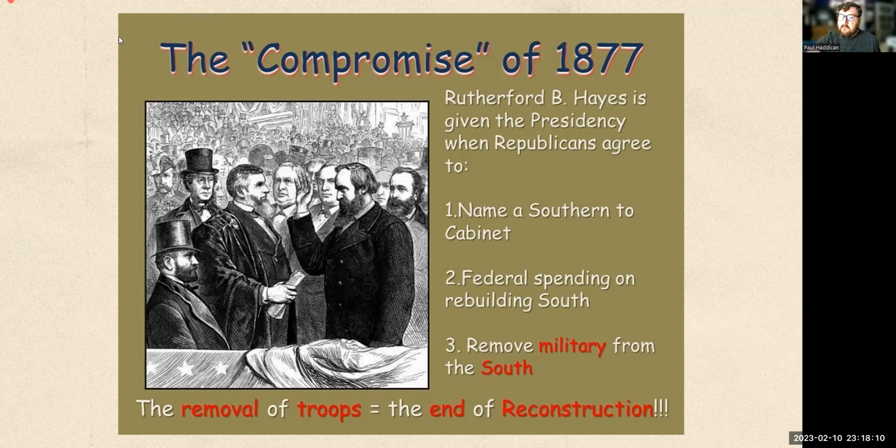We also have this resurgence, right, because Confederate people are able to take over those positions in state governments, fundamentally life doesn't change for the freed slaves.